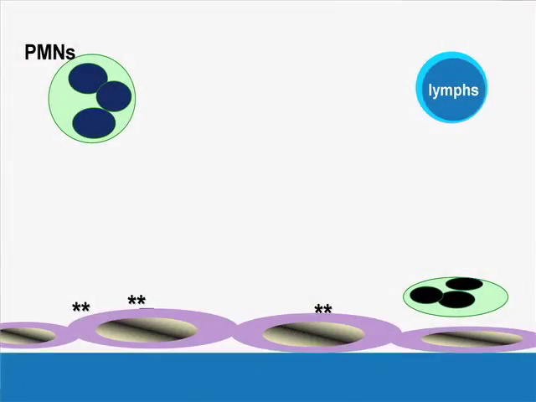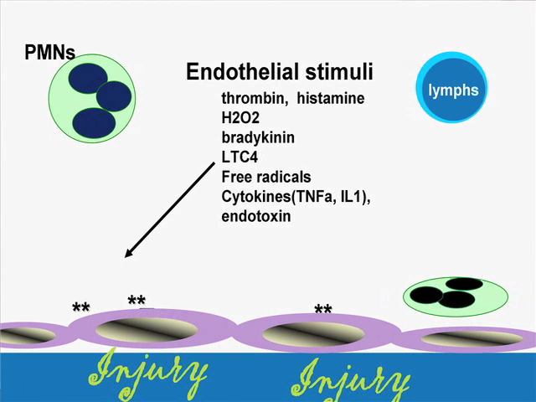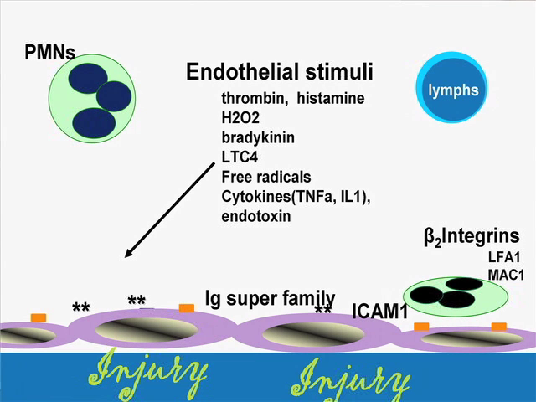Now, if the injury is significant enough, there will be a number of mediators produced, and these mediators will enhance the chemical reactive process so that on the surface of the activated white blood cells, we see the production now of beta-2 integrins. LFA and MAC1 are two examples.